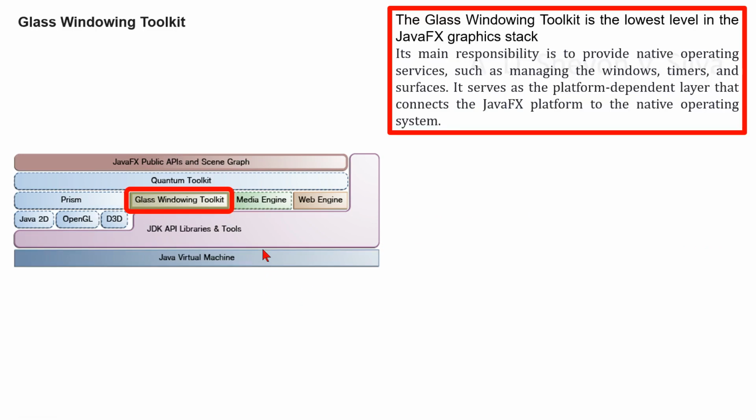Now we are focusing on the Glass windowing toolkit. The Glass windowing toolkit is the lowest level in the JavaFX graphics stack. Its main responsibility is to provide native operating services such as managing the windows, timers, and surfaces.